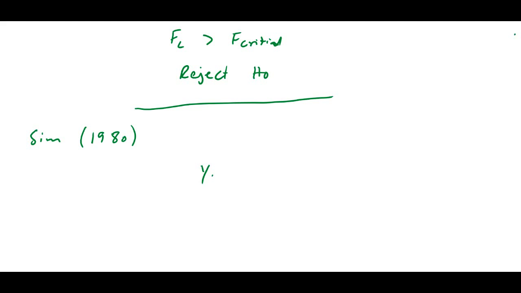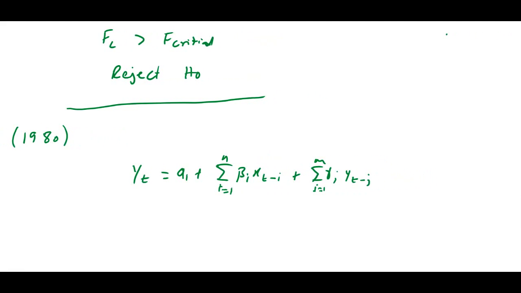We have our variable yt, which equals a1 plus summation beta i x t minus i, where i goes from 1 up to n, plus summation gamma j y t minus j, where j goes from 1 up to m, and here is the addition in the Sims causality test, that is the lead values of the variable x, and shortly I will describe why we need the lead value here.